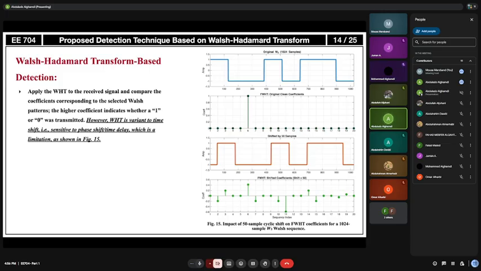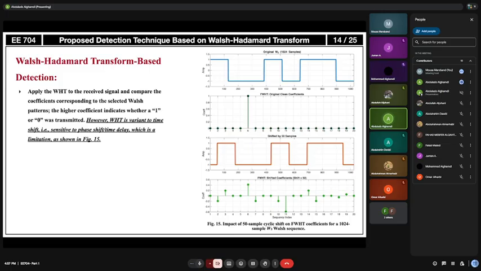As you can see in figure 15, at the top we have a Walsh function that is not shifted, or has not experienced a time delay, and underneath is the fast Walsh-Hadamard transform coefficient of this signal. So here we don't see any issue.